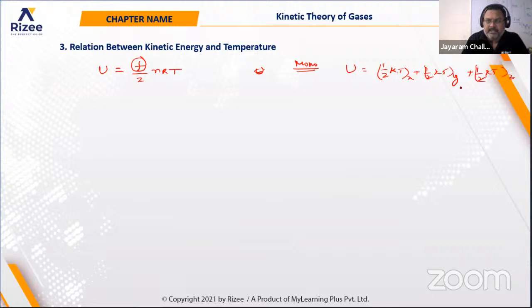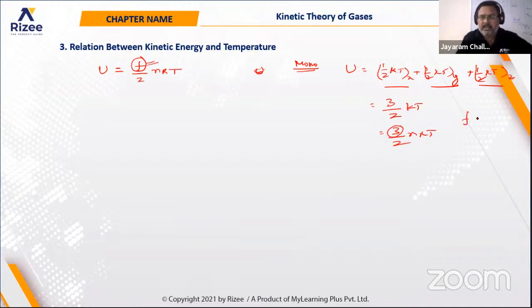So it is storing the energies along the x-axis, y-axis and z-axis. Three different modes of storing, the summation will be 3/2 kT, or I'm writing it as 3/2 nRT, where this 3 represents your f, which is called the degrees of freedom.